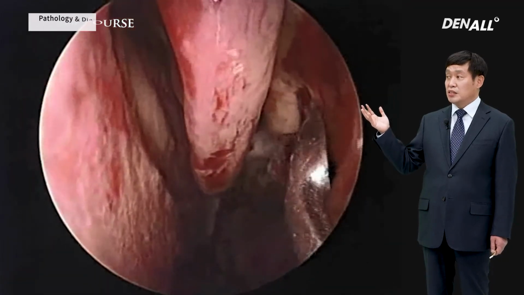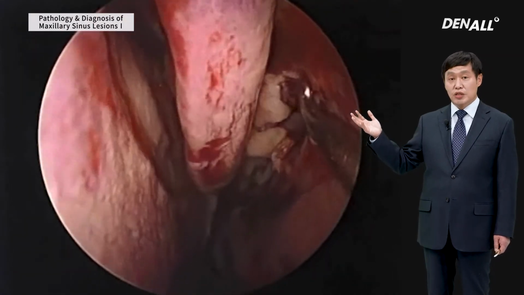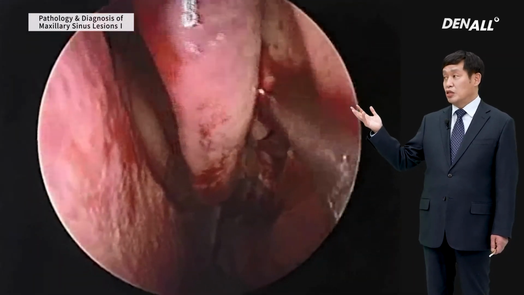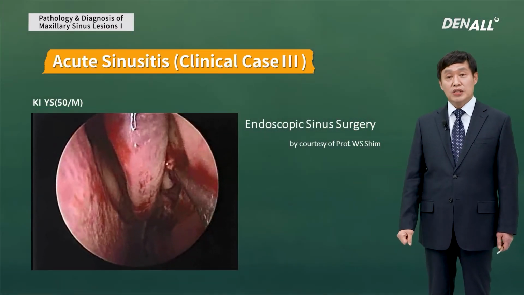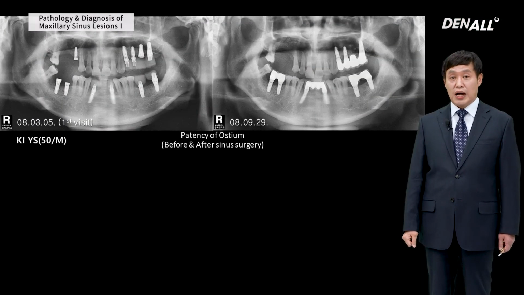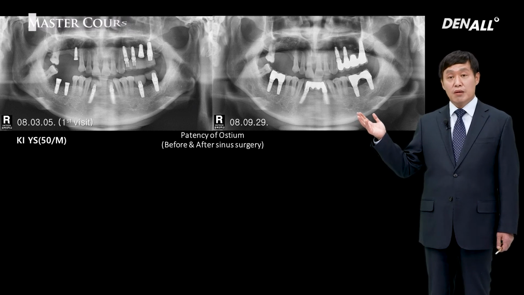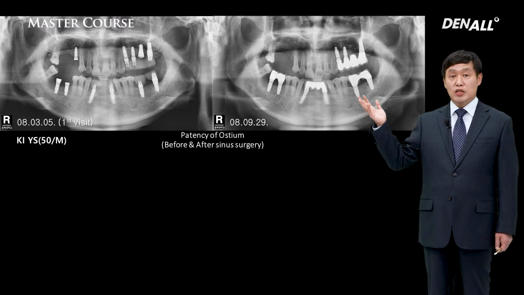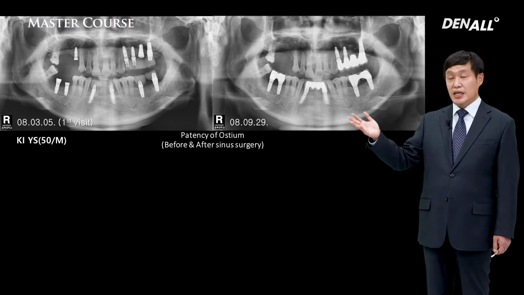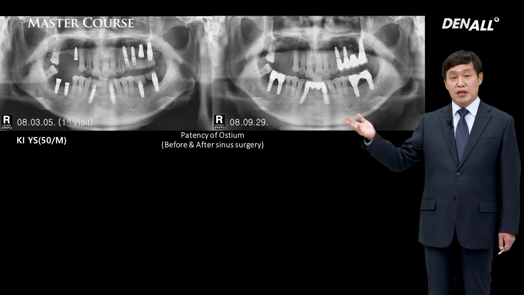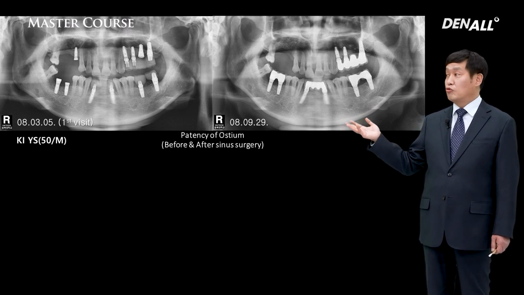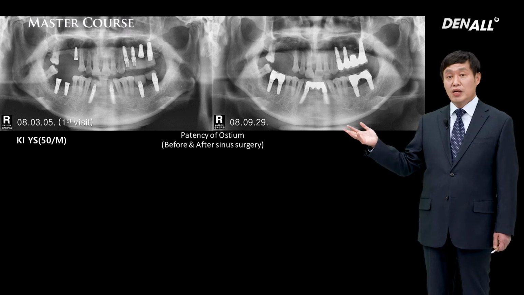As shown, in order to restore the maxillary sinus function, more fundamental treatment is necessary to improve the situation. This is the panoramic image at the initial visit. This is 6 months after endoscopic sinus surgery.